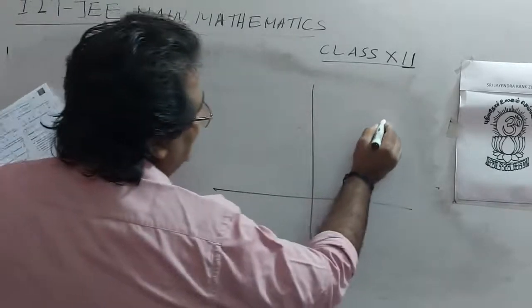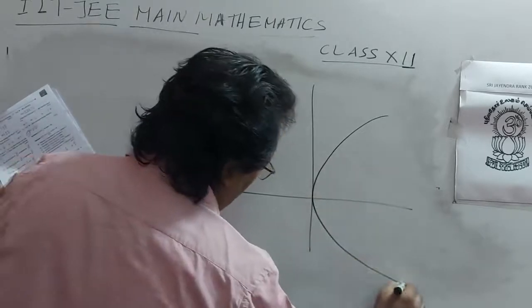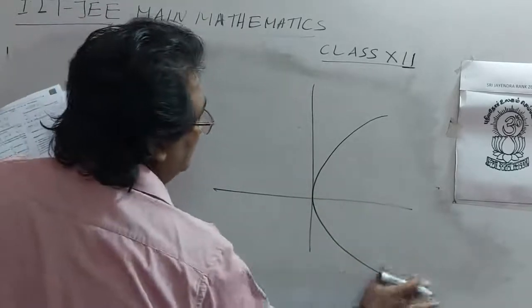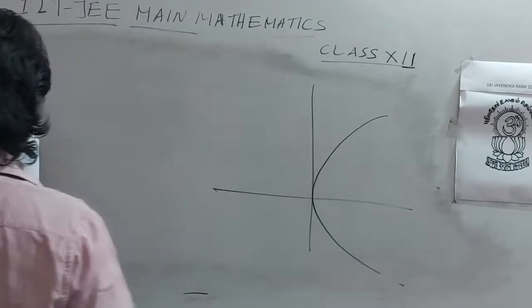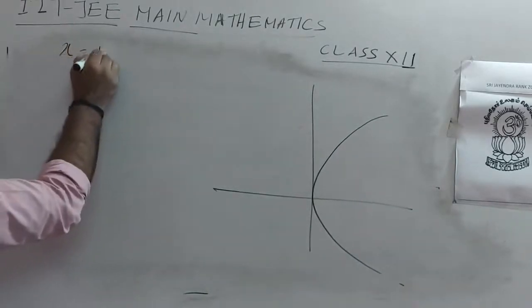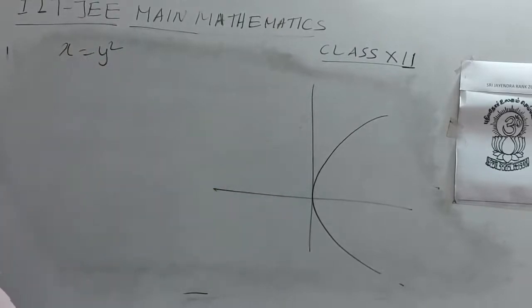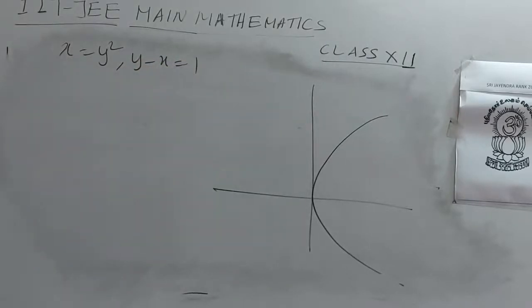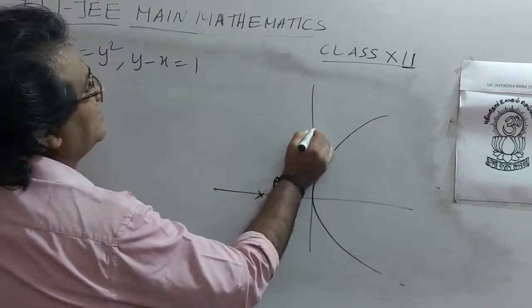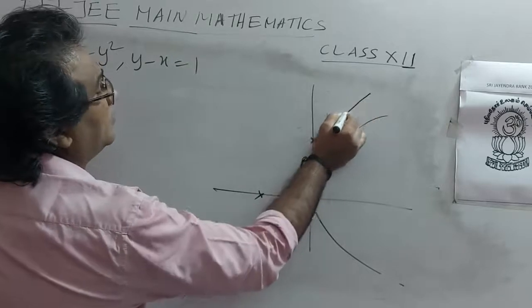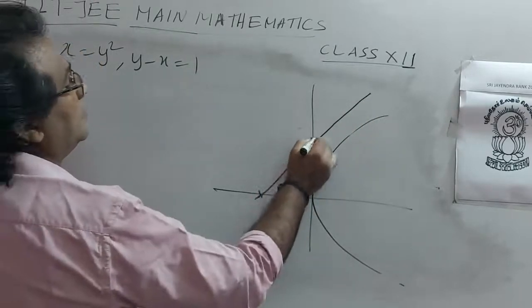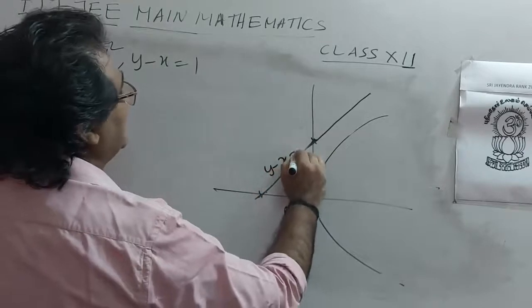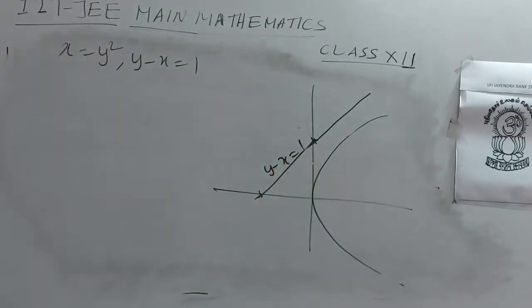y squared equal to x means the curve opens rightward. The line y minus x equal to 1 has x intercept minus 1 and y intercept 1.